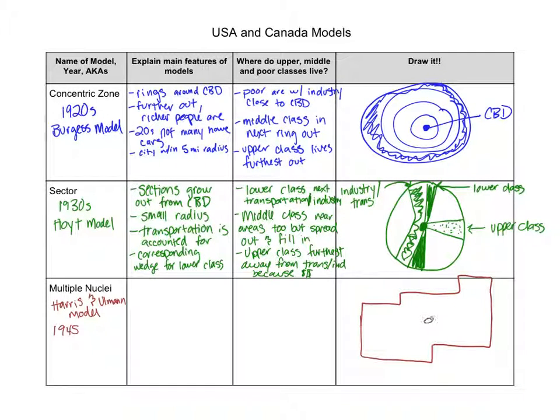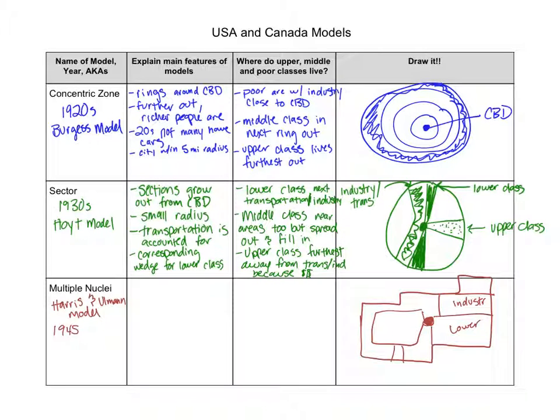But it's still going to have a CBD in the middle. And so this is really just going to look like a bunch of different sections here. Again, I'm not really doing this too much justice, but there's going to be different groups here, different nuclei, like little sections, okay? So what's important here is that if you have your industry over here, you're going to have your lower class that's still going to live next to that.